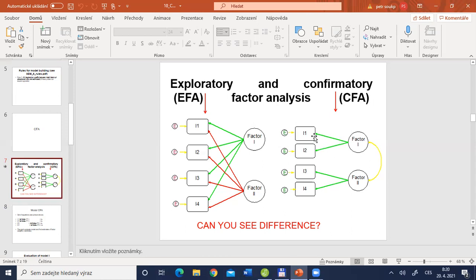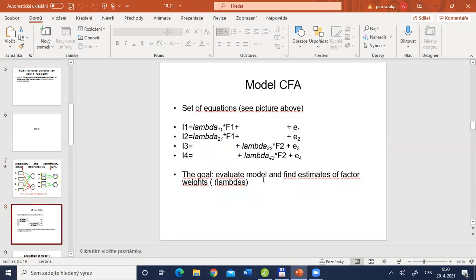So these factor loadings are not the main estimates for confirmatory factor analysis, in comparison with exploratory factor analysis. I would like to evaluate my model. You know that I can evaluate my model by testing. There is a chi-square test included in confirmatory factor analysis.